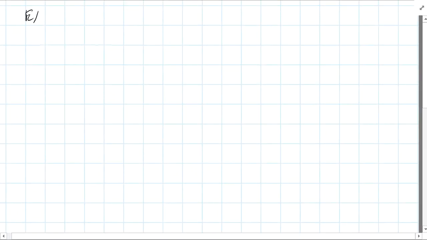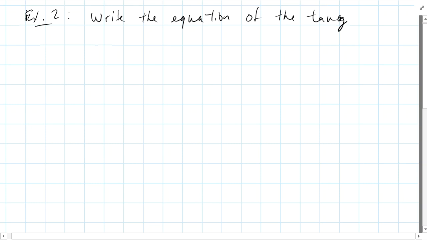Example 2. Write the equation of the tangent line at t equals 3 pi over 4.